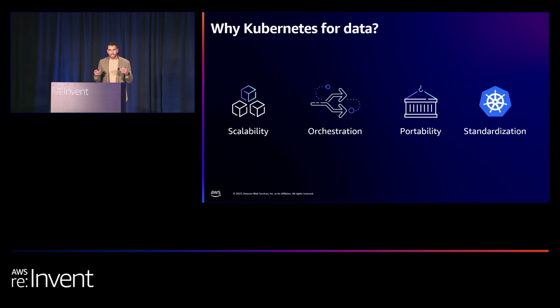The last key reason is standardization. Now at AWS, we see a number of customers adopting Kubernetes at scale. And they typically do this by what we call standardizing on Kubernetes. It means that they're making it their default compute option for orchestrating their containerized applications. What this looks like in practice is typically building a Kubernetes platform that's managed by a central group, and it provides developers with the things that they need to get to production: CI/CD, observability, governance, generally abstracting away those infrastructure details from the developers.